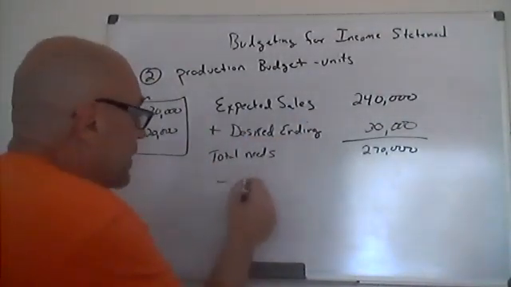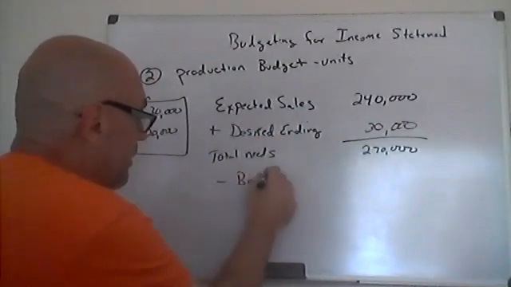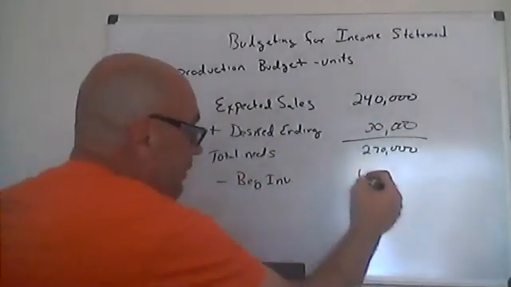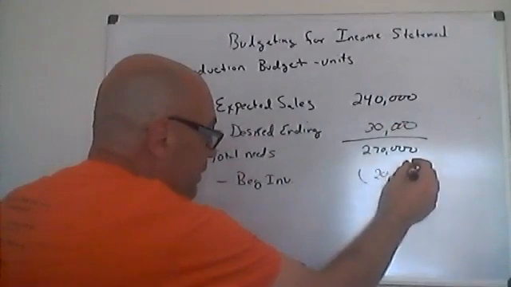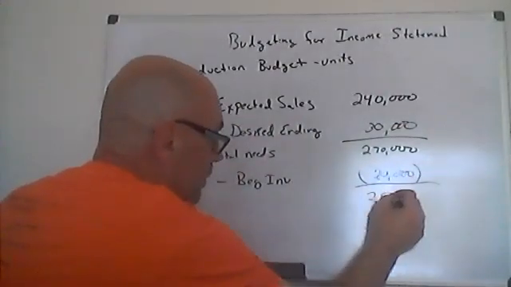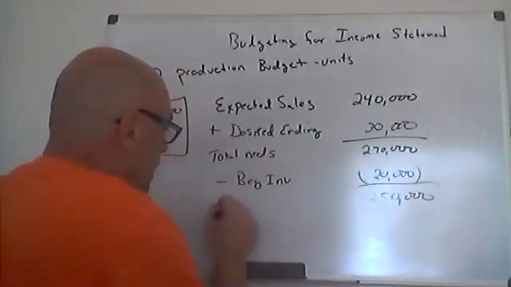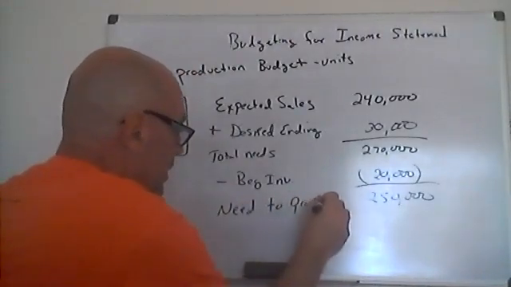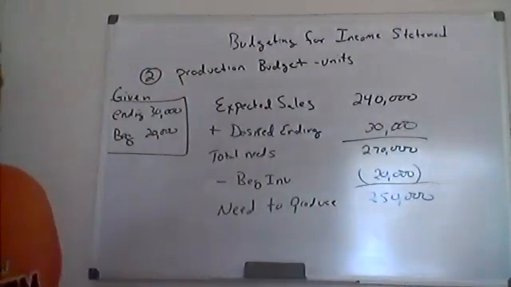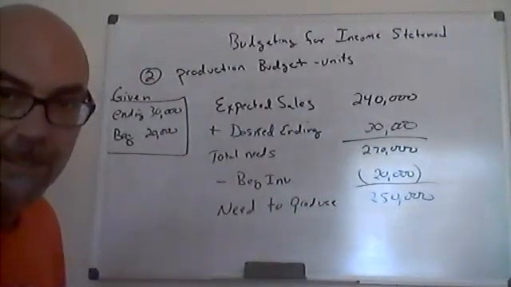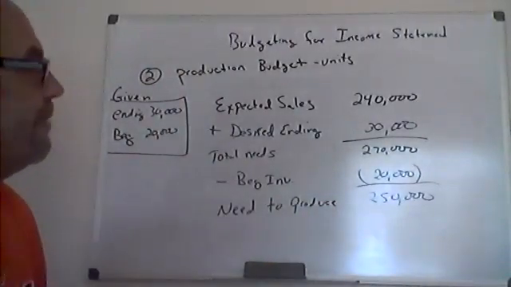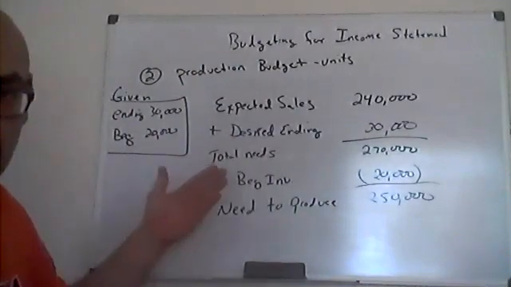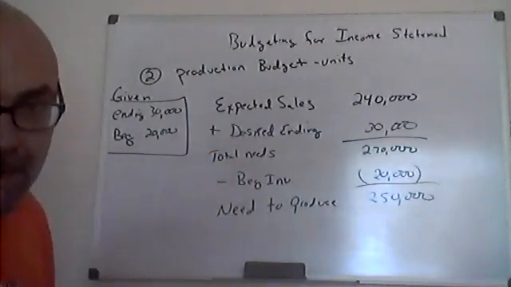We can subtract out our beginning inventory, 20,000. So you can see we need to produce 250,000 units of product for this period in order to hit our budgeted sales and what we desire in our ending inventory.